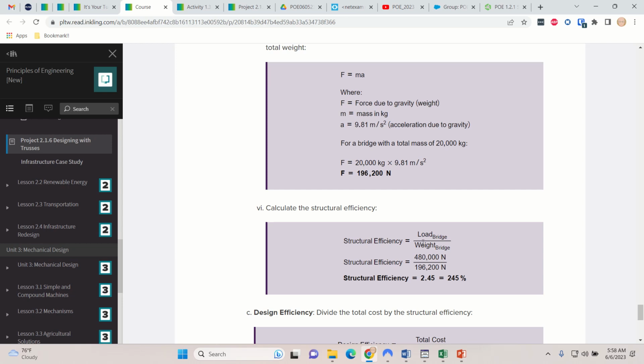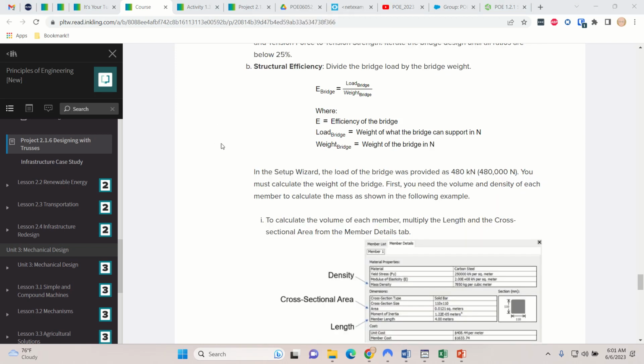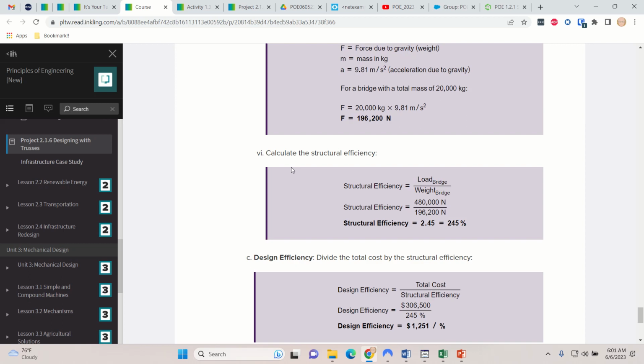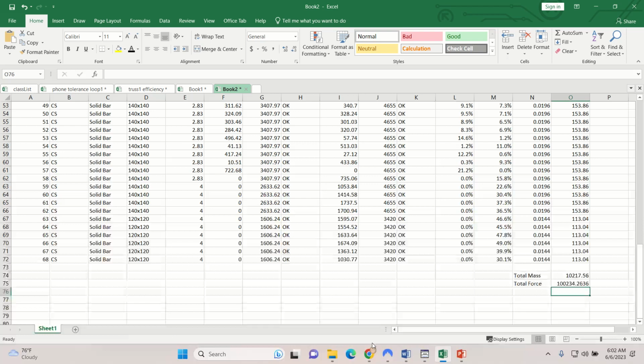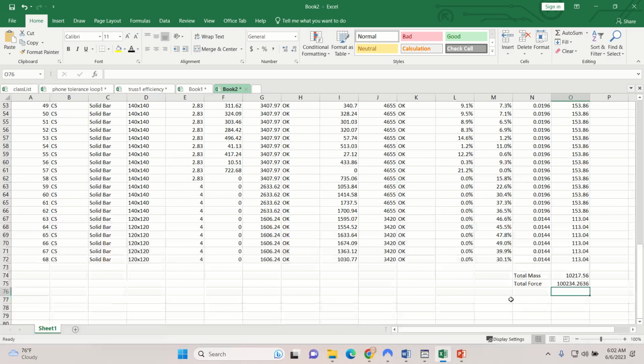Where do I find the load? It was right here, in the setup wizard. The load of the bridge was 480,000 newtons. So that's the load of my bridge. Coming back down here, my structural efficiency is the load of the bridge, 480,000, divided by mine. That is called the structural efficiency.